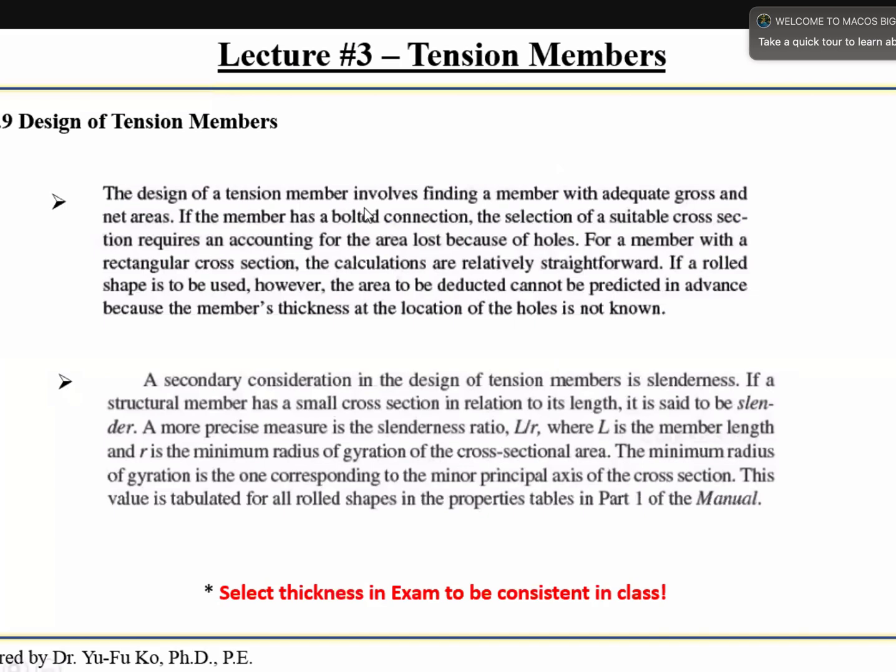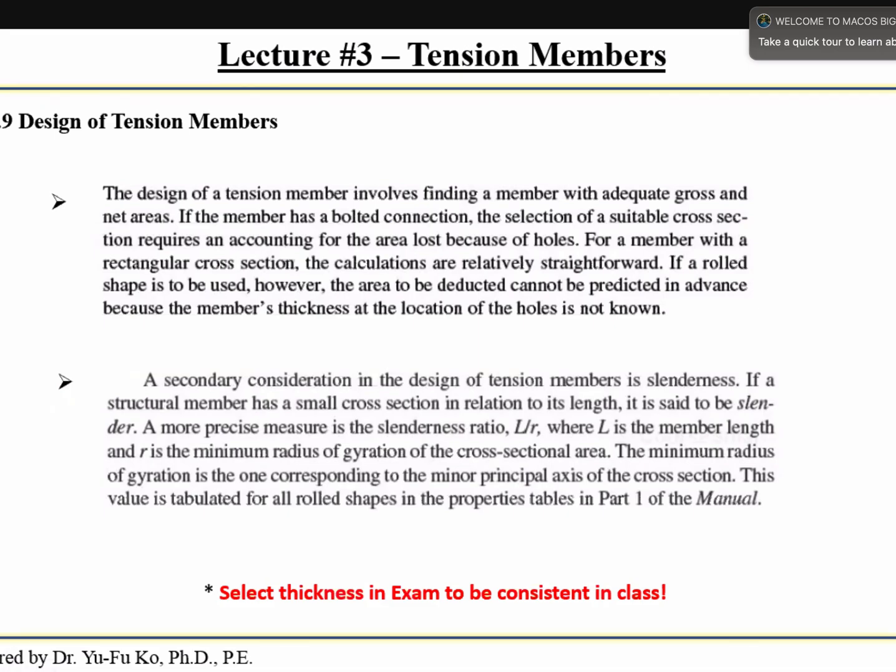Design of the tension member involves finding a member with adequate gross and net area. If the member has bolted connections, then the selection of a suitable cross-sectional area requires accounting for area lost because of the hole. For members with rectangular cross sections, the calculation is very easy and straightforward.